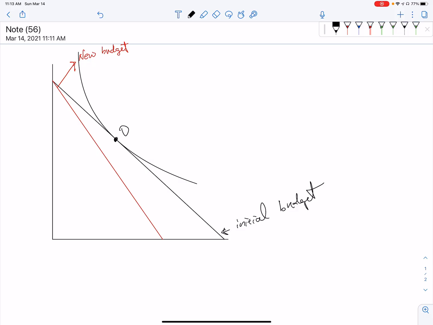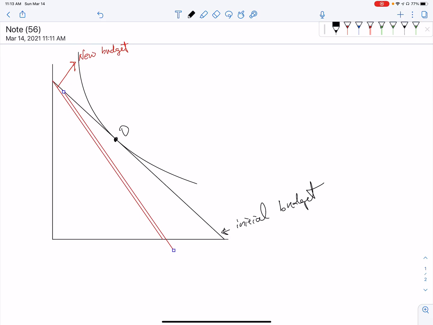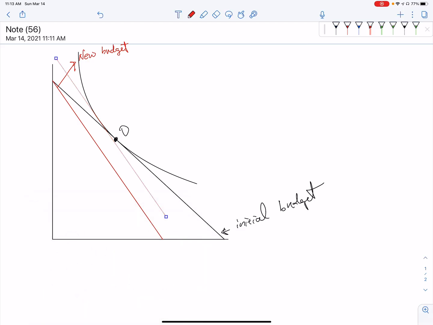And let's get the substitution effect. That is, you need to draw a hypothetical budget line that's parallel to the new budget line. So we're gonna use this dotted line.